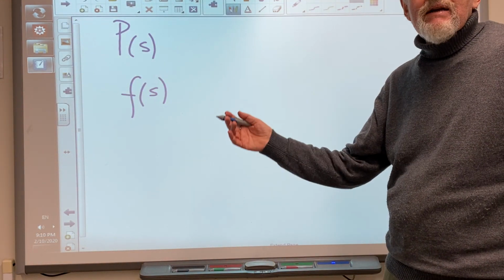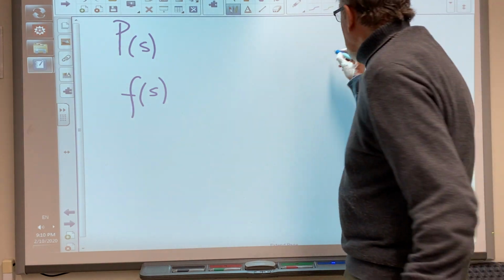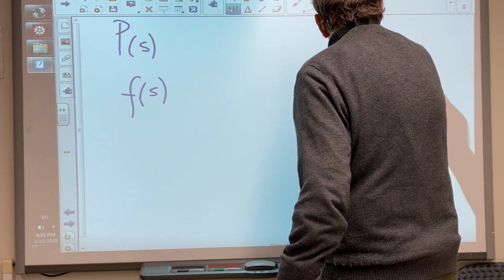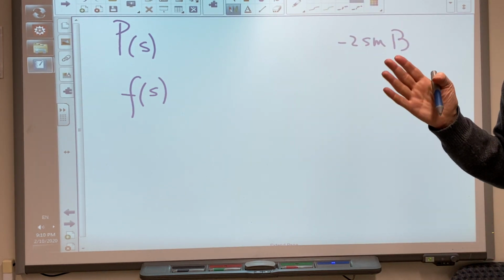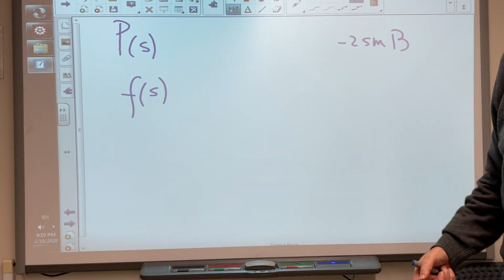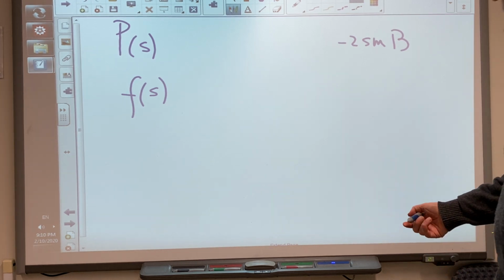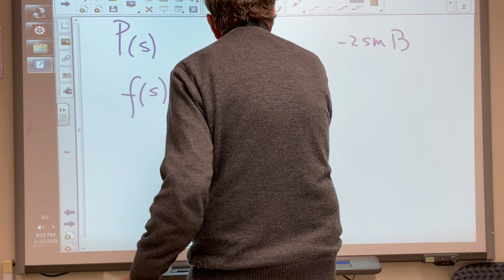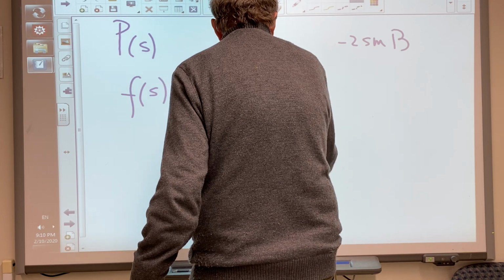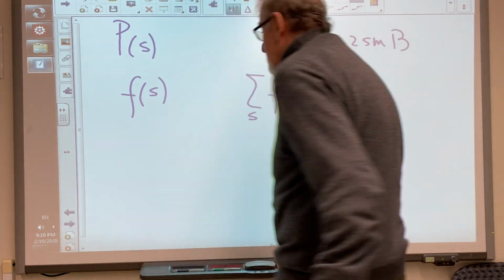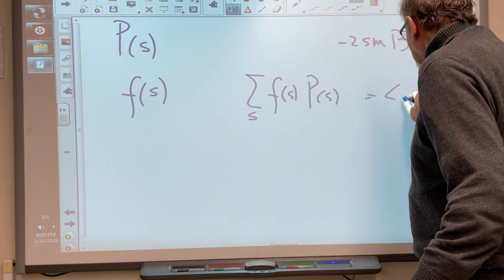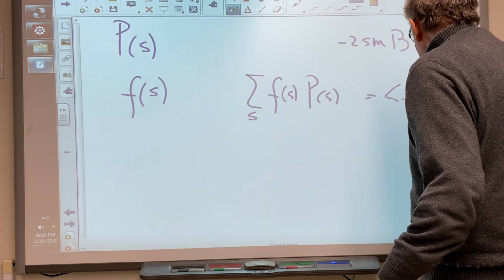For example, remember the energy was minus 2S mB. So it's a function of S. But you can have any other quantity that depends on S. How do you calculate the average? Well, you sum F of S times P of S over all S. That's what you call the average of the function F of S.